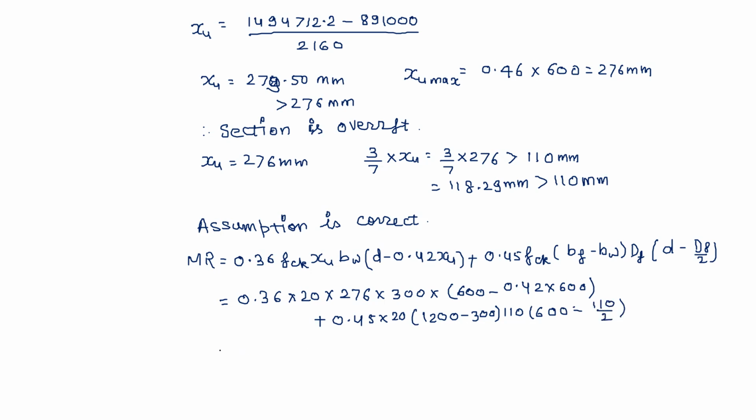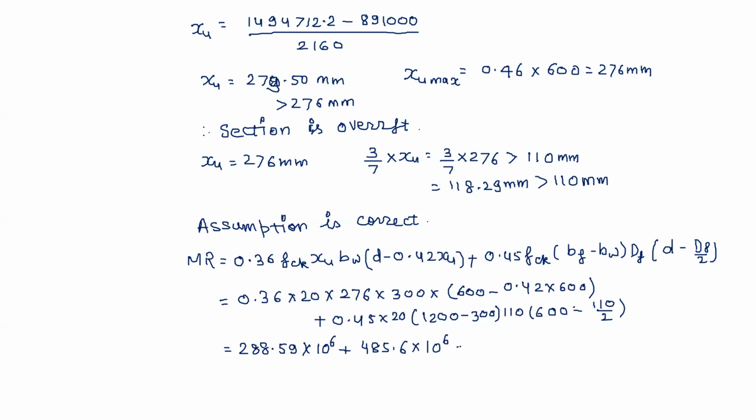Now you calculate this value. I have two values. The first one we got is 288.59 into 10 raised to 6, plus 485.6 into 10 raised to 6.